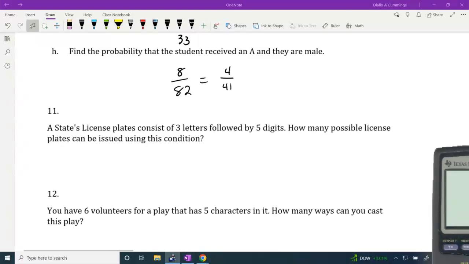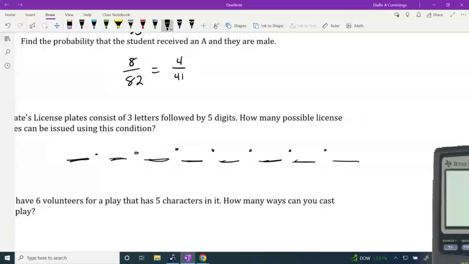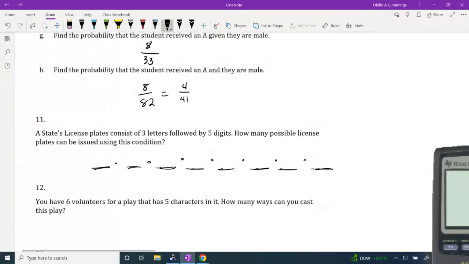So we're just going to map it out. We have 3 letters, right? So those blanks represent the first 3 letters chosen. And then we have 5 digits. All right, so those last 5 blanks represent the last digits.